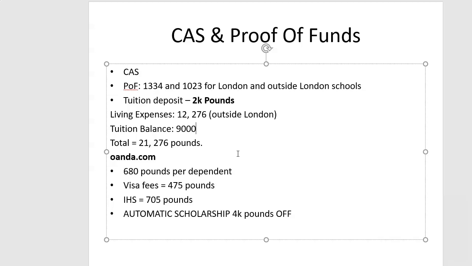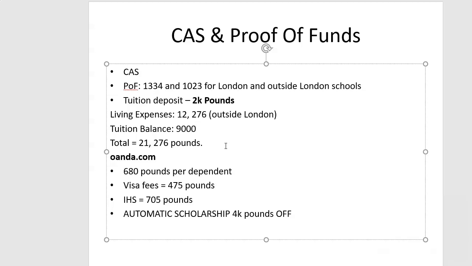After 28 days, you print this bank statement and send it to your school via email and fill in for your pre-CAS interview. The school will call you and ask you questions about the course of study, and then they will issue you your confirmation.